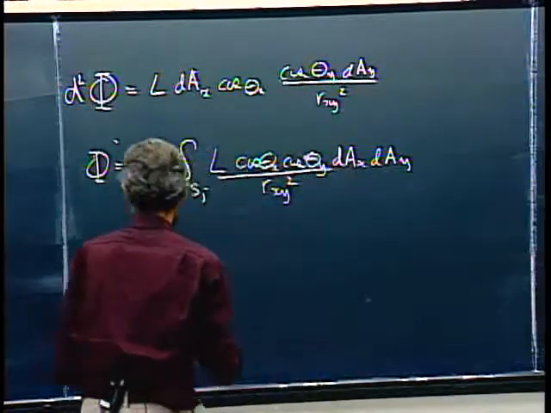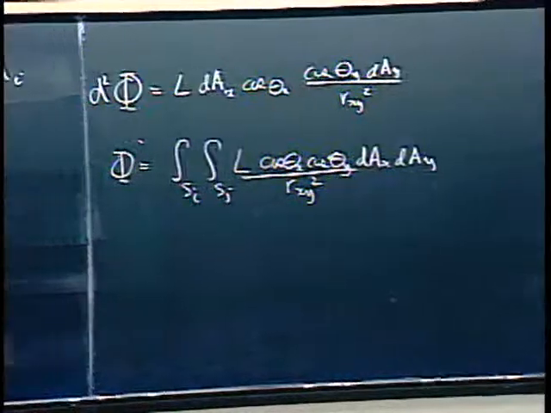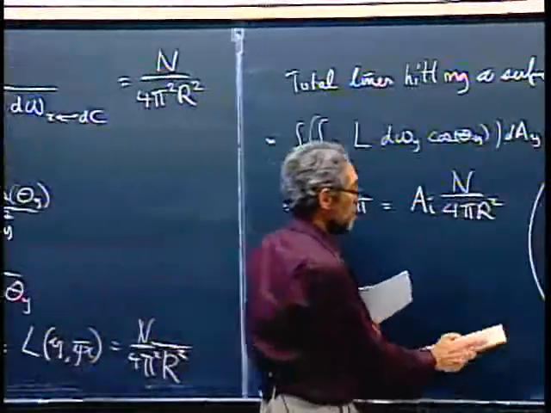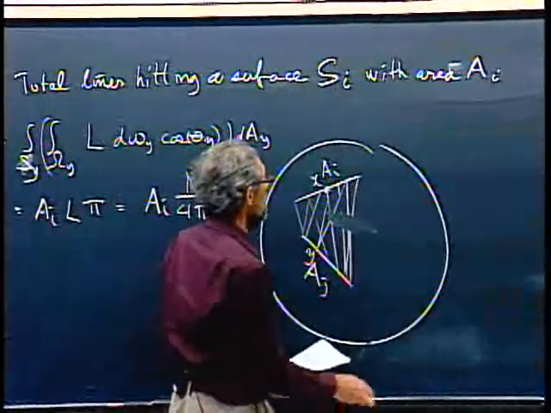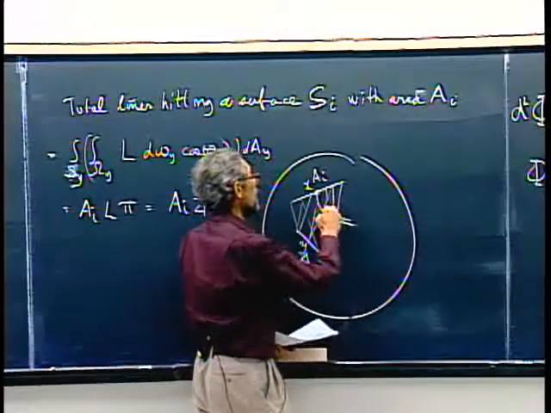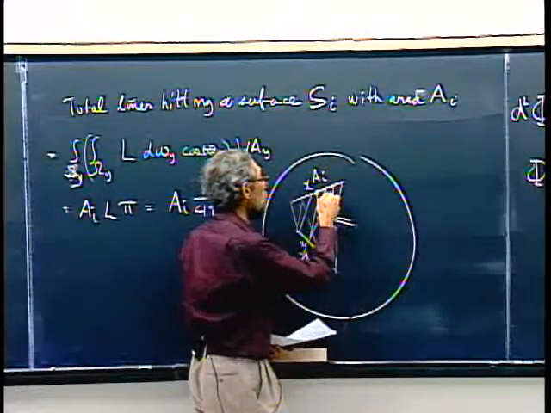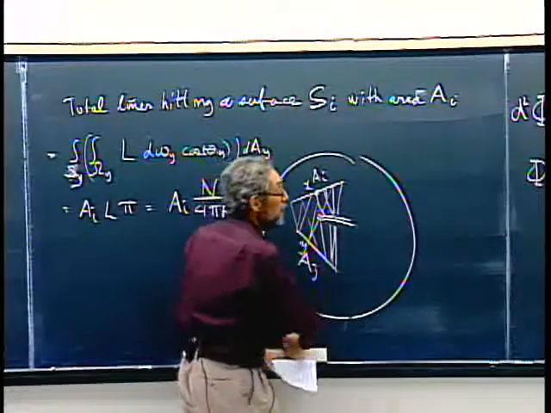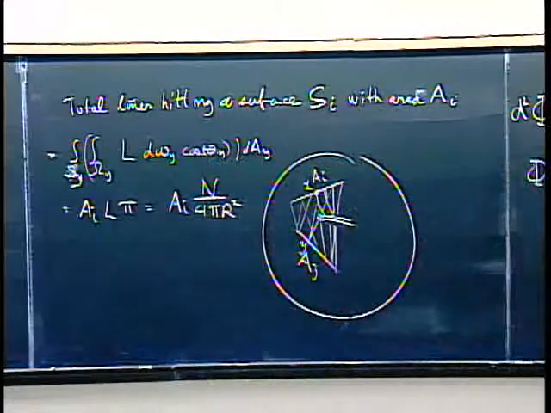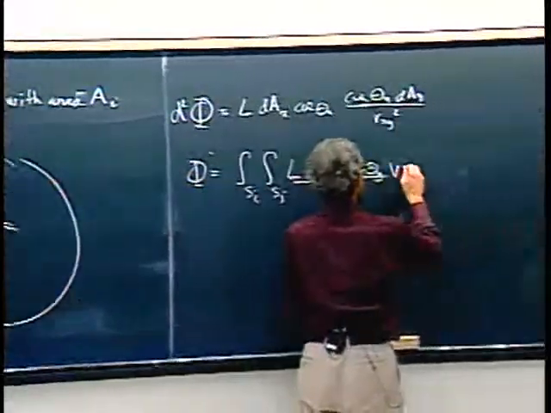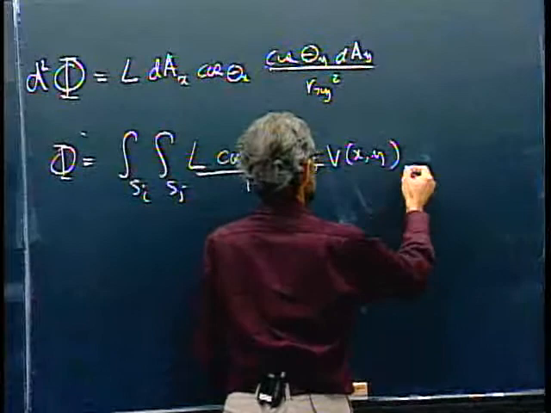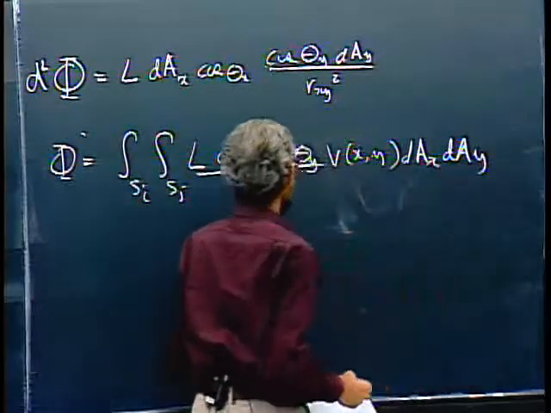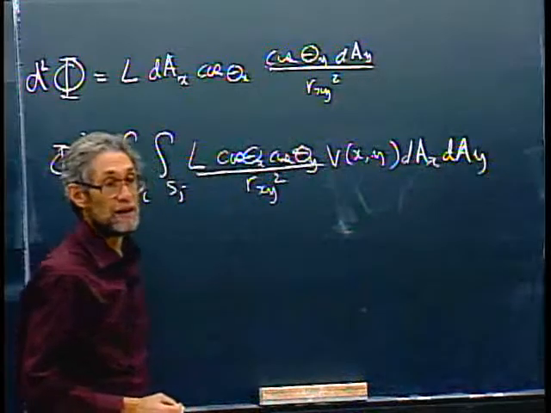But there's one thing that I left out, and that is now we are considering visibility, right? Because if we have another thing interrupting these lines, we'll get lines from here to here, but the line that would have gone on through won't count as going between here and here. So then we actually have the visibility V(x,y) here, dA_x, dA_y.